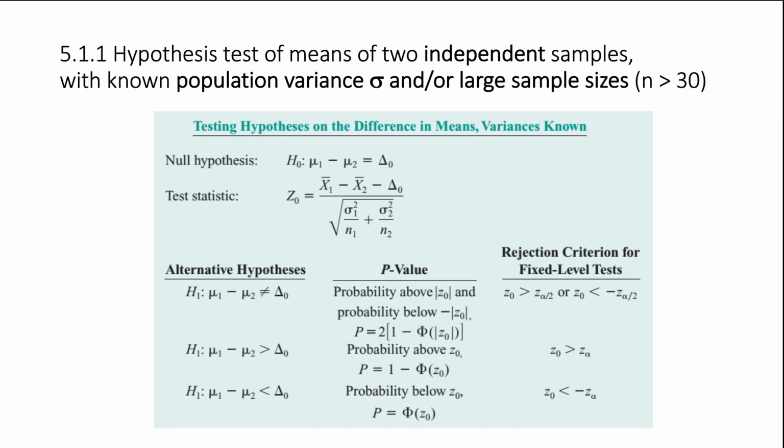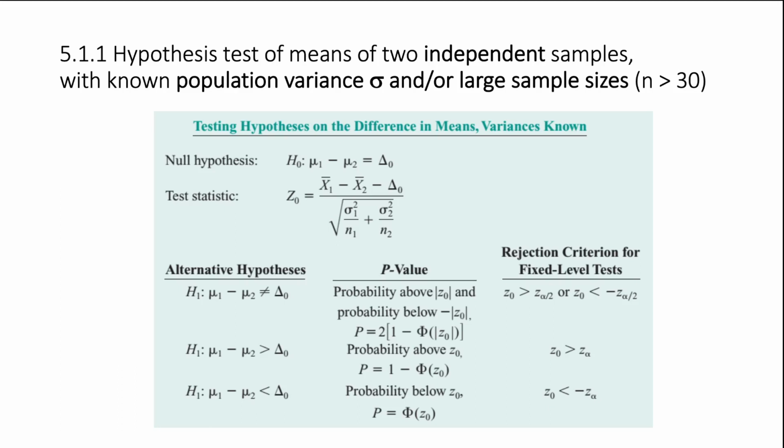So here we can see that the null hypothesis H null is mu1 minus mu2 equal to delta 0. Delta 0, of course, has a predetermined value. Usually it is 0. And the test statistic is Z0 as shown in this slide.